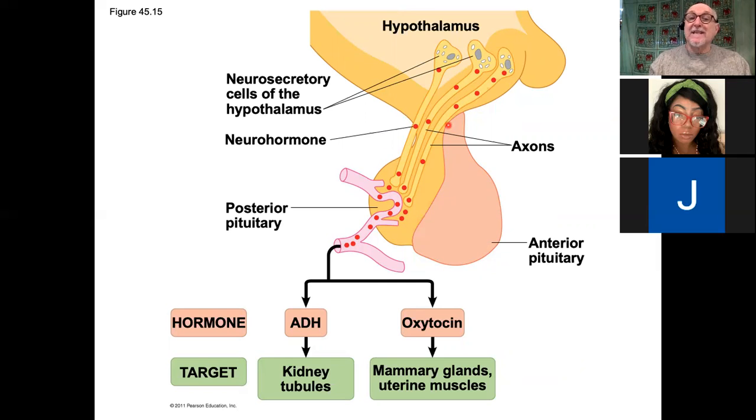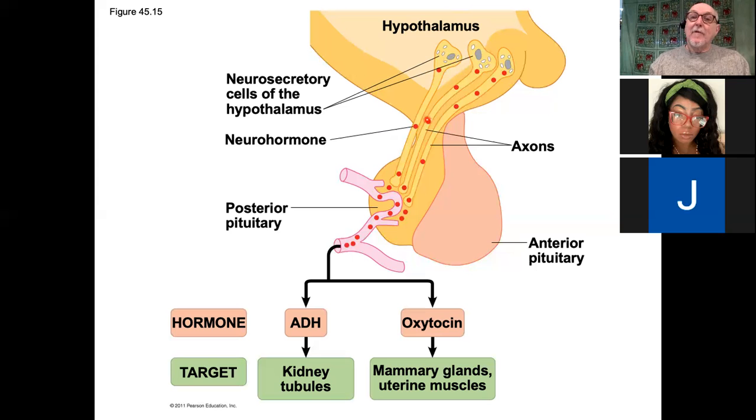So let's have a look first at the posterior pituitary. Remember, this is the back of the brain here. Well, for the posterior, most of the cells that are going to do this communication are nerve cells. They are nerve cells of the hypothalamus. The hypothalamus is actually a neural organ. So it's communicating with nerves.